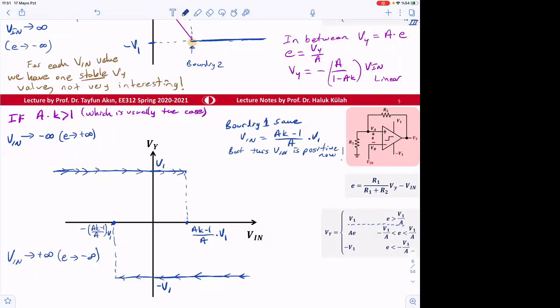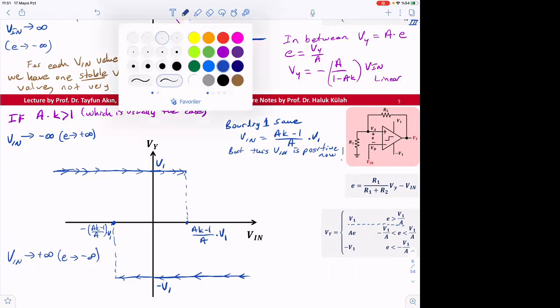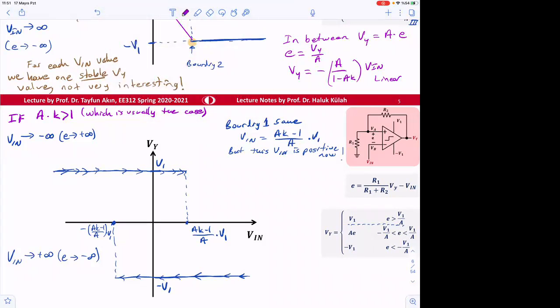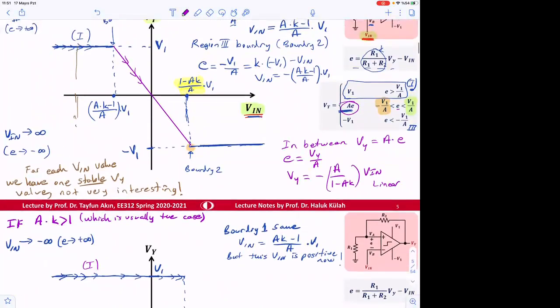And, you know, for input 0, what is going to happen? What is the output for input equal to 0? I don't know. So if you calculate for this state, now this is case 1, this is case 3. Where's case 2? Okay, this was 1, this was 3, this was 2, right?